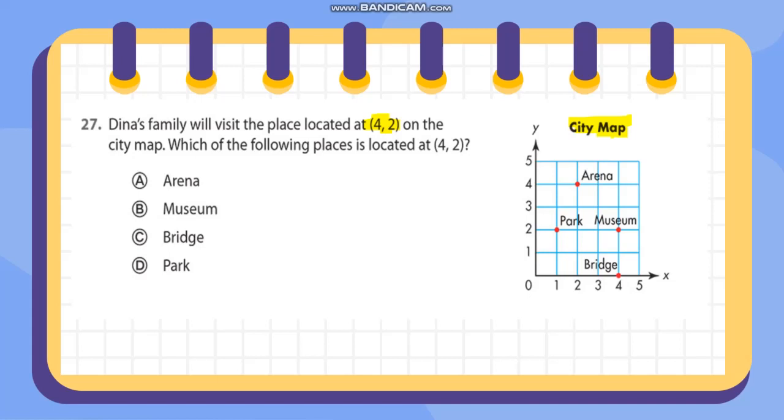So which of the following places is 4, 2? So it means from the point of origin, I need to move 4 units going to the right, because that is my x, and y is 2, means 2 up. So what is that? That is what we call a museum.